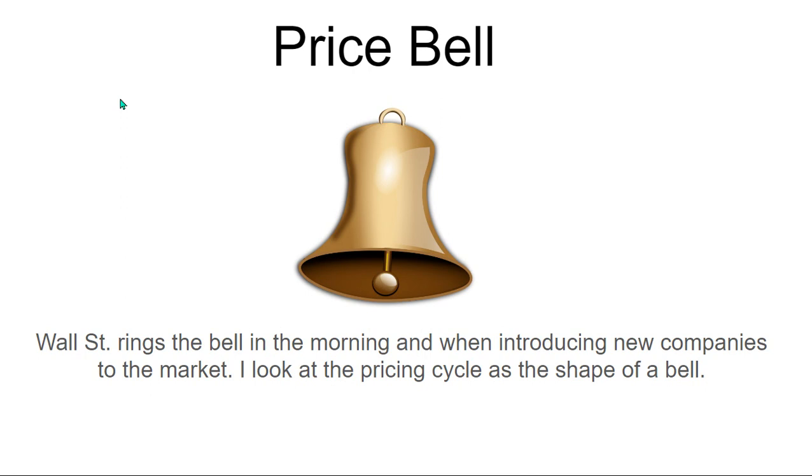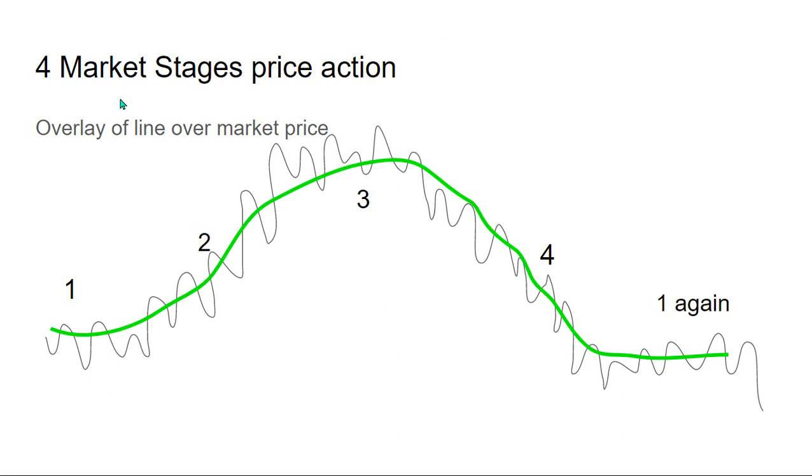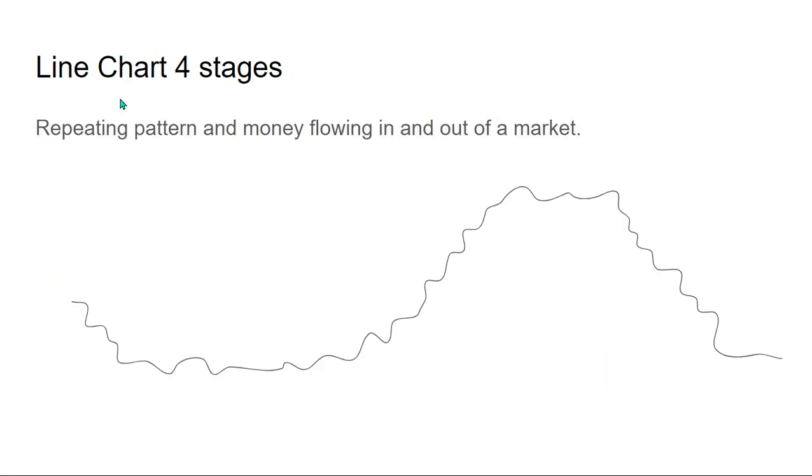Again, for review, I'm going to review the price bell and why I use this approach. Check out our introductory video, where I highlighted that. Again, there are 4 basic market stages using price action. That's what it will look like on a chart. And this is just a line chart with no moving average. It's just a repeating pattern of money flowing in and out of a market. Pretty basic.